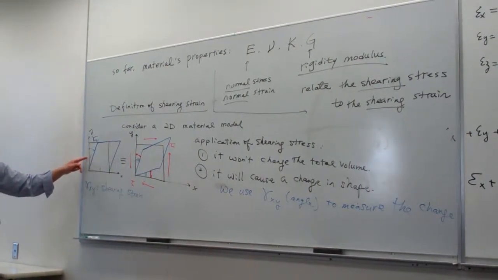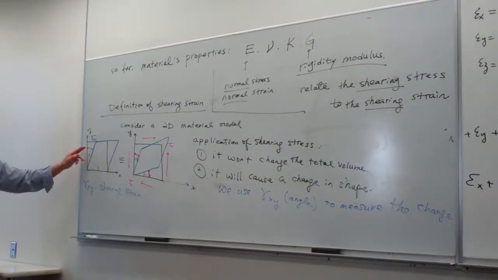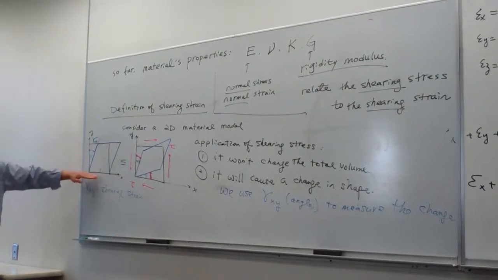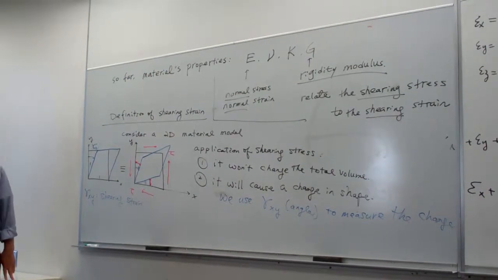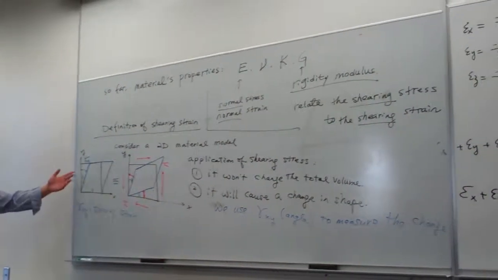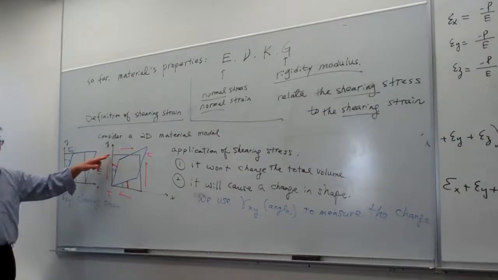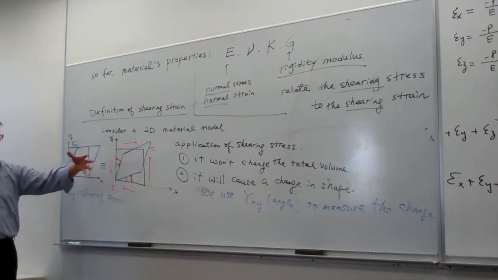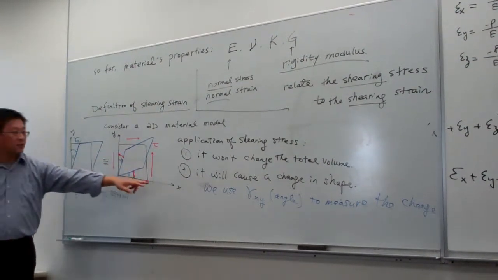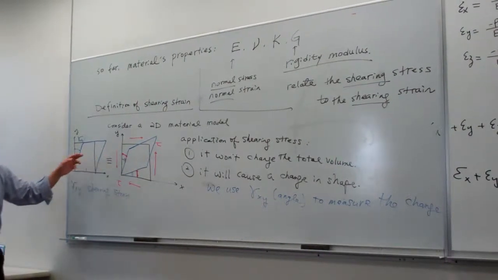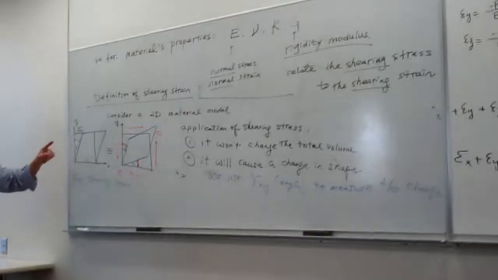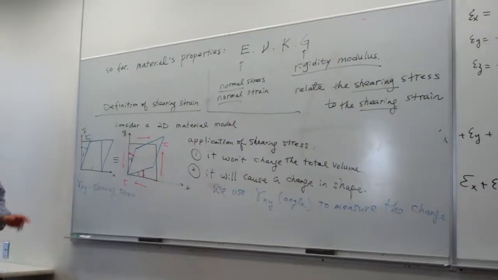Or if you adopt this model, then the shear strain is simply the change on one side. The other one we fix. Okay. Any questions? So if we change our viewpoint, for example, this would be one side of the cube. If we change our viewpoint to the xz plane or the yz plane, then we have the angles in the other two directions.